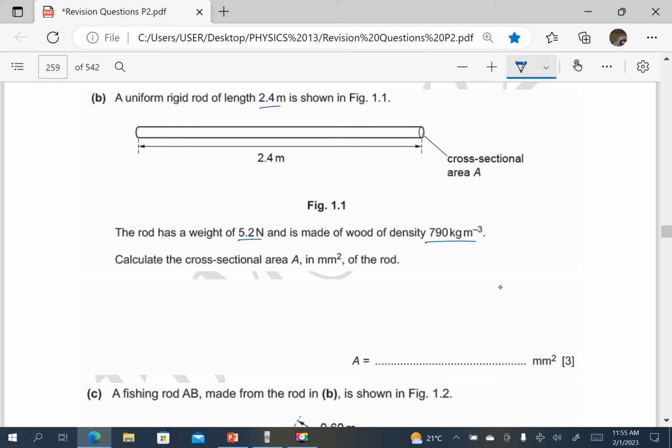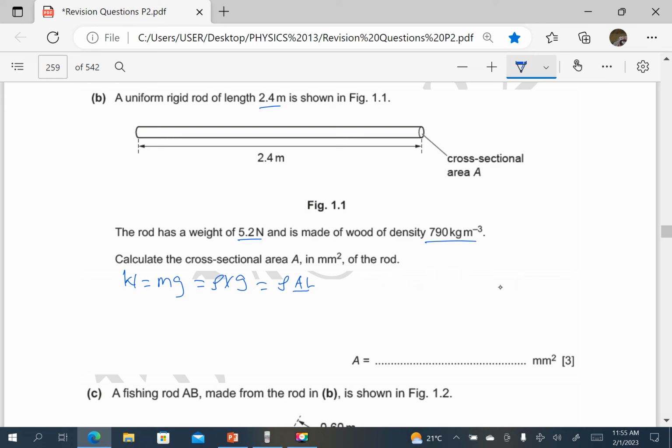Cross-sectional area. So they have given us the weight, they have given us the density, meaning we can relate this to the volume. So weight is equal to mass times acceleration of free fall. But we know that mass is density times volume, times acceleration of free fall. And we know that volume is going to be the cross-sectional area times the length of the material.